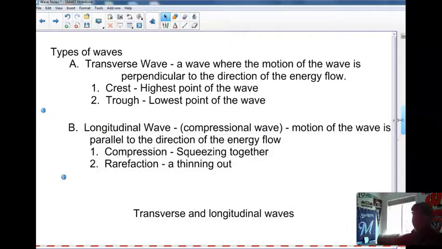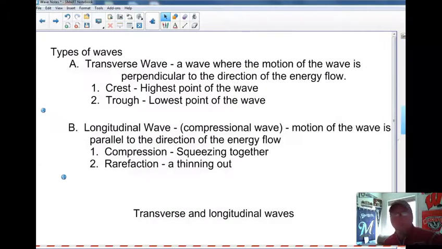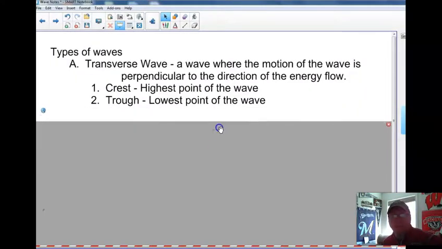In addition to these two types of waves, because so far I've introduced you to two types of waves, there are mechanical waves and electromagnetic waves. In addition to that, there's something called a transverse wave and something called a longitudinal wave. So a transverse wave, that was what they just showed you in the video a minute ago. There are going to be some crests.